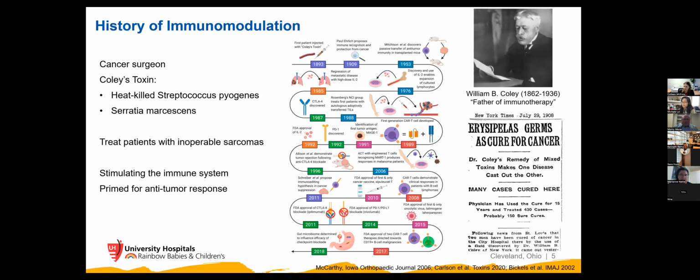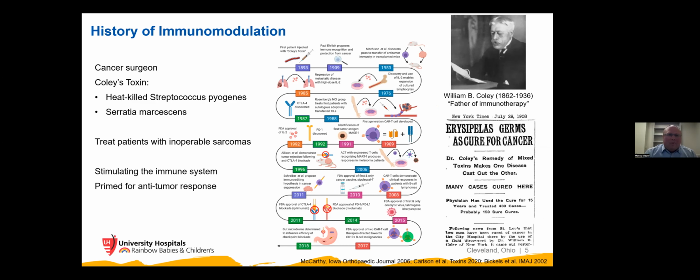So where does immunomodulatory therapy come from? The so-called father of cancer immunotherapy is William Coley, and he lived at the end of the 19th century and recognized that certain patients with inoperable sarcomas actually had spontaneous resolution of their cancer after sustaining certain infections, specifically erysipelas, which was likely from Strep pyogenes at the time.